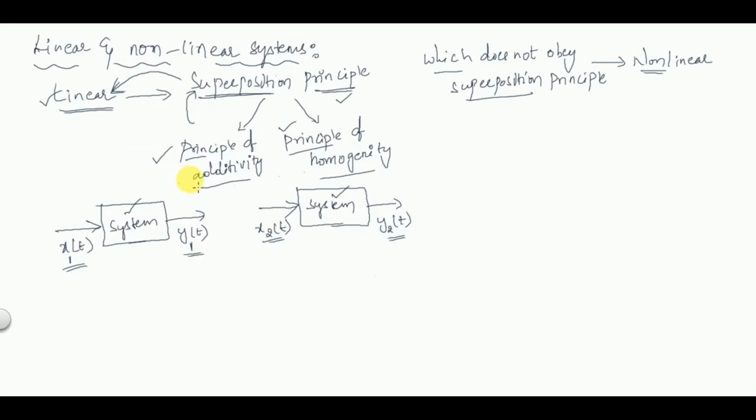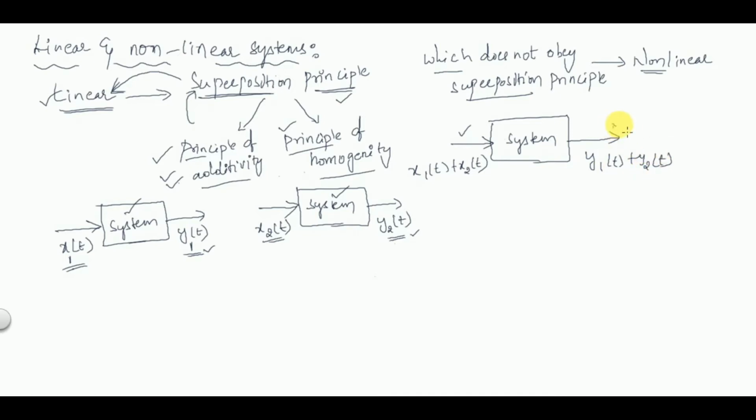So what does the principle of additivity tell you? If you take the same system and individually give x1 of t and x2 of t, you will get the outputs y1 of t and y2 of t. The principle of additivity tells you that if you give the sum of the two inputs at the input side of the system, you should get the sum of the outputs at the output of the system.